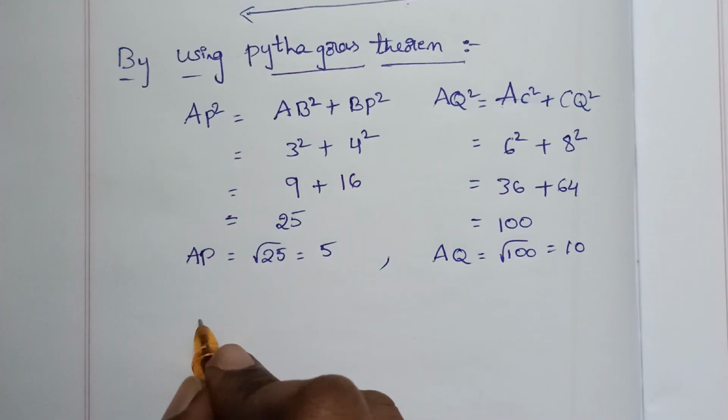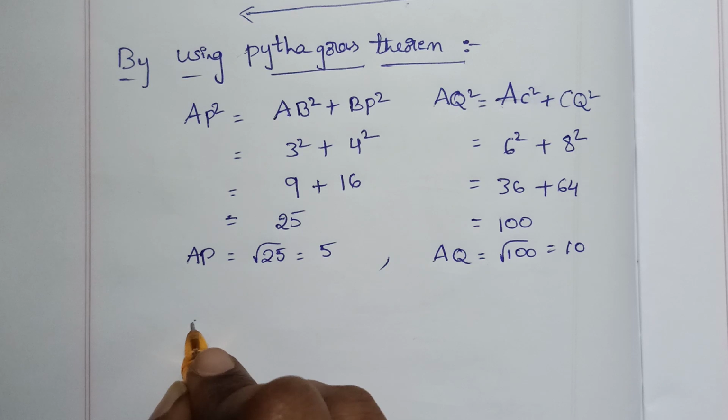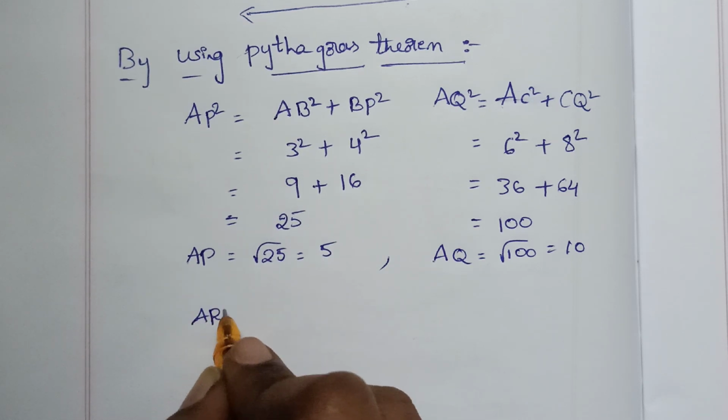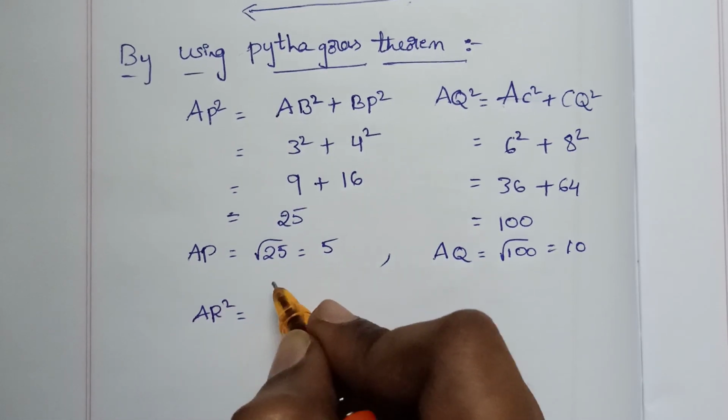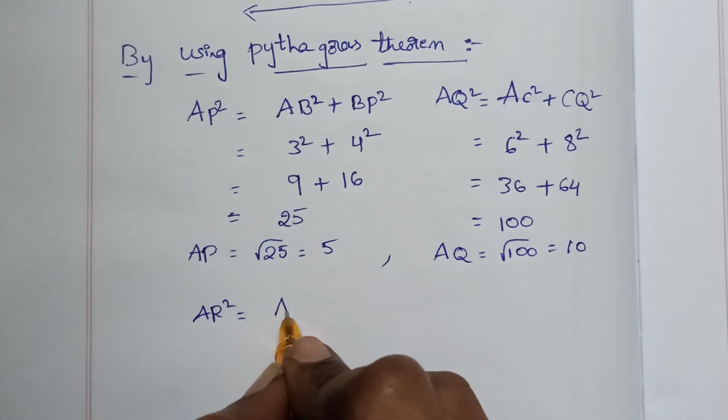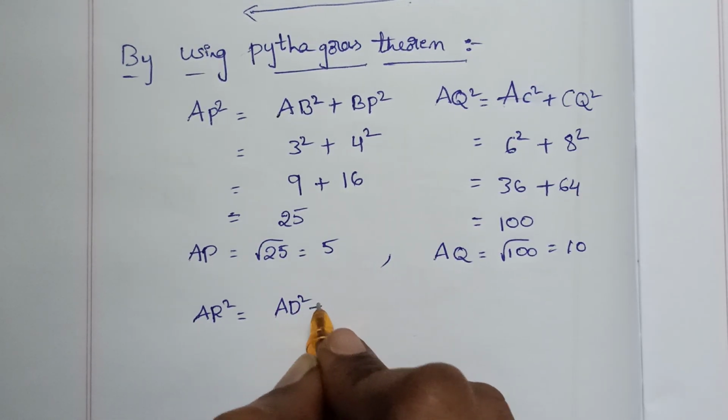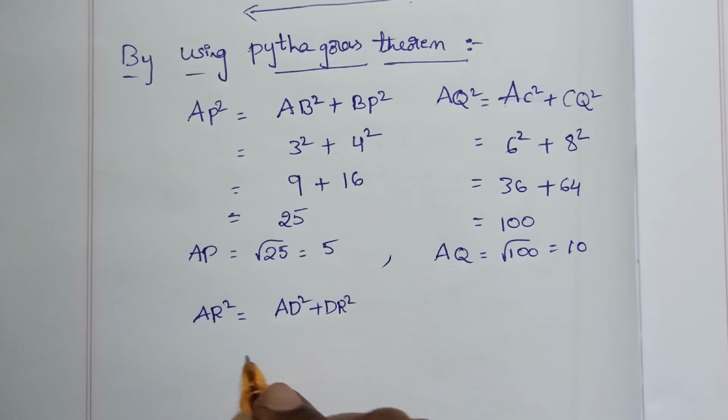We find the length of AR square. AR square equal to AD square plus DR square.